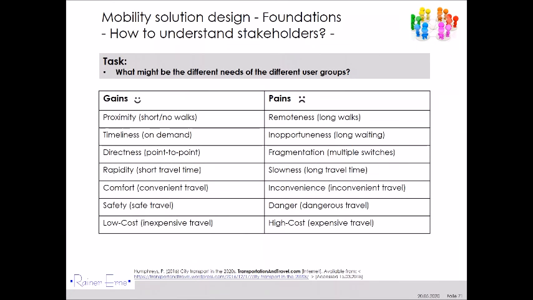And now you can think of the different user segments. I showed you two possibilities to segment users or motorists, and you can think of which segment has which preference for their travel behavior.